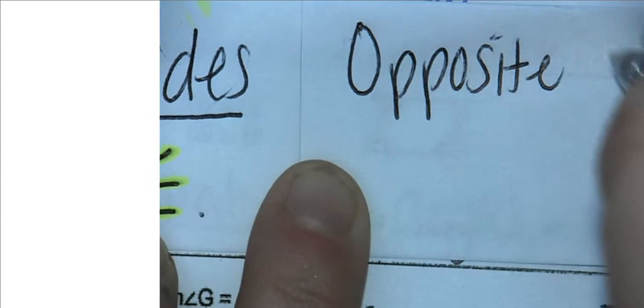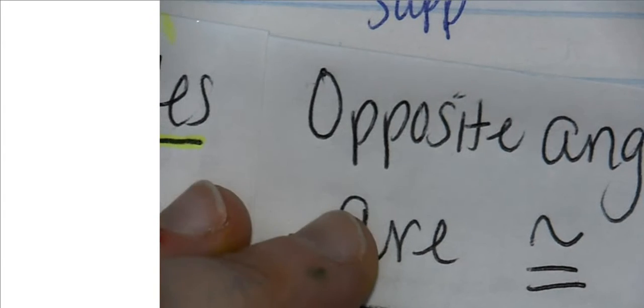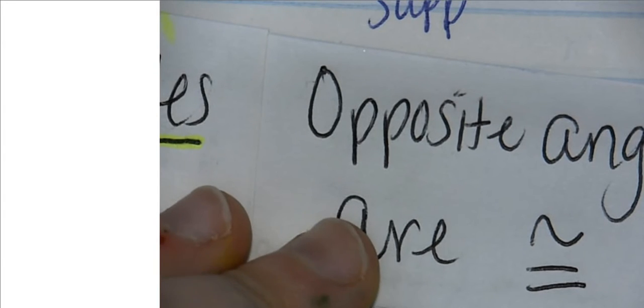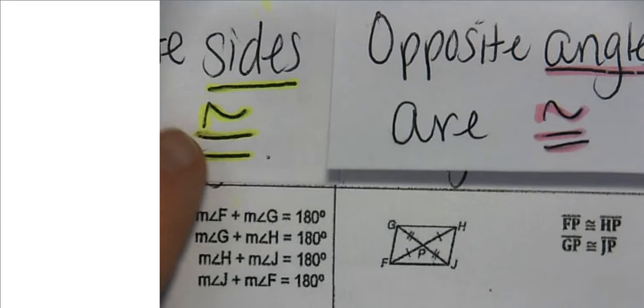So I'm going to write that down, opposite angles. So opposite sides are congruent, opposite angles are congruent.